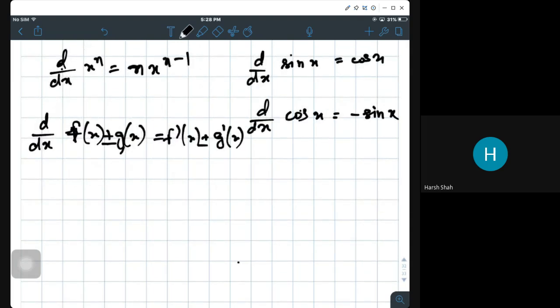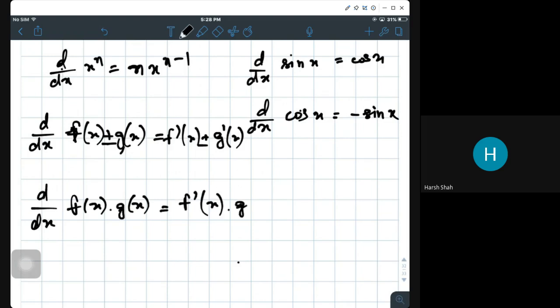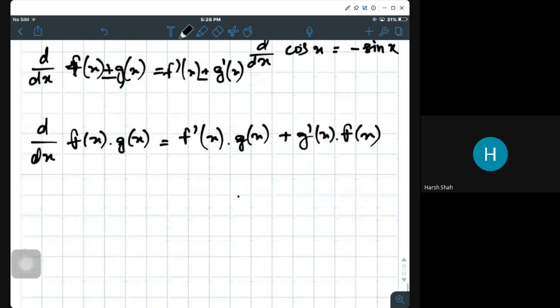Please solve by differentiability for us. Okay, first let me complete this. This is one thing. If you have d by dx of multiplication of two functions, differentiate the first function, leave the second one as it is, then add it to the differentiation of the second function, leave the first one as it is. And the last, d by dx of f(x) by g(x).